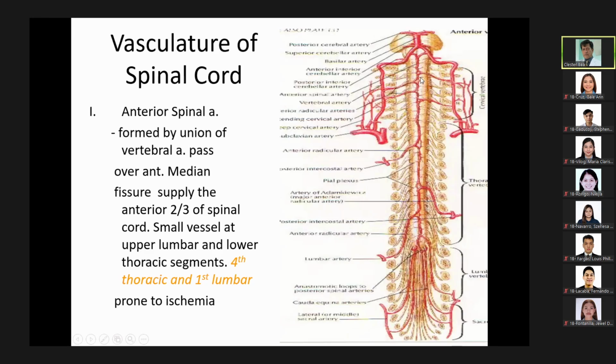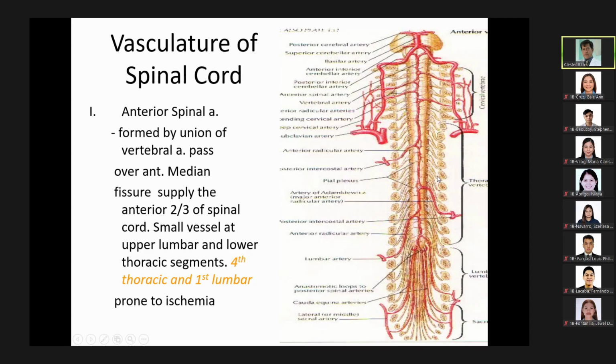if you know that the spinal cord is quite long, although you have spinal arteries coming from the vertebral artery, they cannot supply the entire length of the spinal cord because the spinal cord is long. And as you follow the spinal artery as it goes downward, it decreases in caliber, so its size gets smaller and smaller. So the small vessels in the upper lumbar and lower thoracic, meaning the lower four thoracic vertebrae and the first lumbar, is said to be your watershed area.